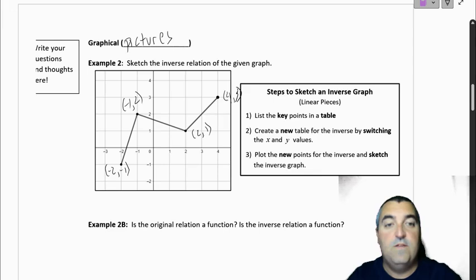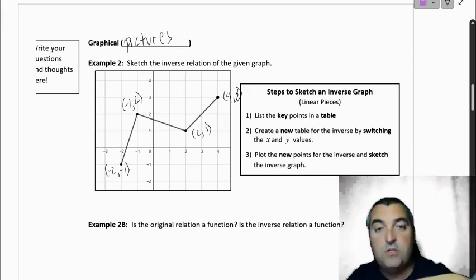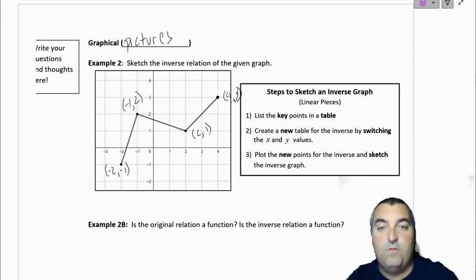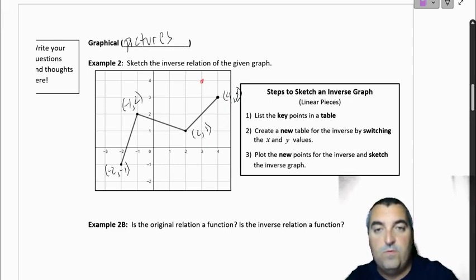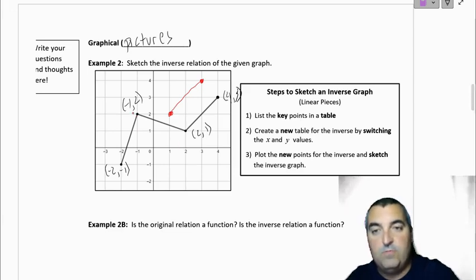Okay. For the inverse, I'm going to switch all of those values and plot them. So 4, 3 is going to be plotted at 3, 4. 2, 1 is now going to be plotted at 1, 2. And as I'm doing this, I'm then going to connect these points in the same fashion, so a straight line. Then my next key point was -1, 2, so I'm going to go 2, -1, and they were connected in a straight line.